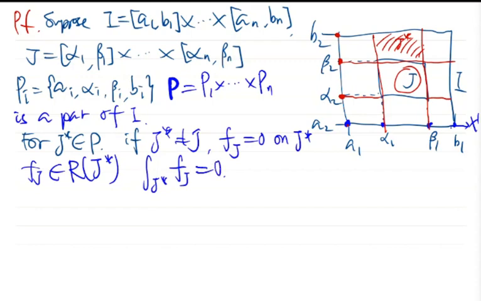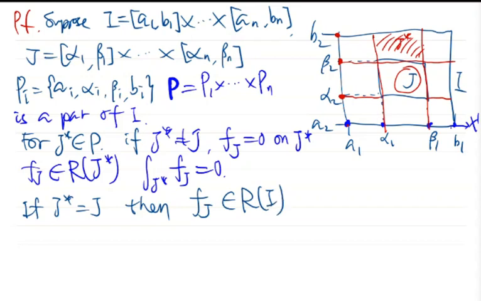And if J* is J, then fJ is precisely f. So fJ is integrable over I if and only if fJ is integrable over J. Because we proved a result in the last lecture: if the rectangle I has a partition into some smaller rectangles, then f is integrable over I if and only if f is integrable over every subrectangle.